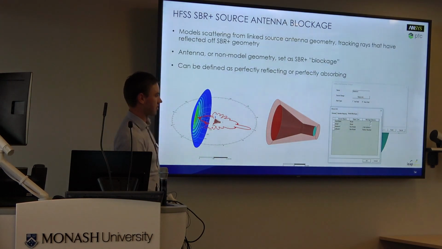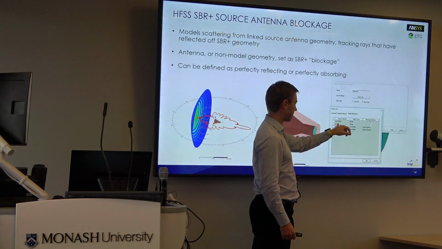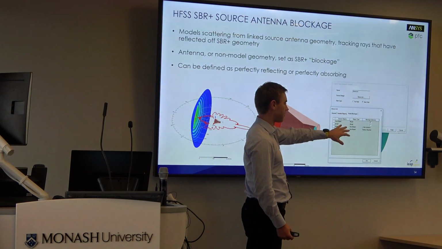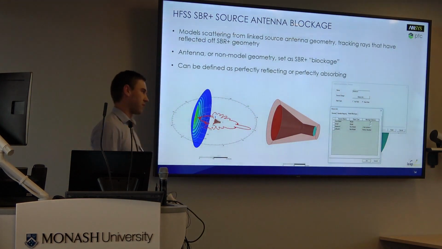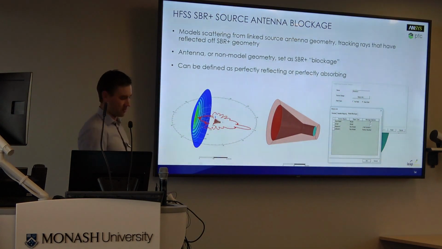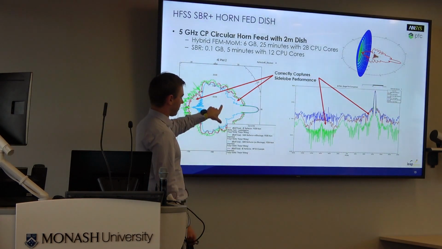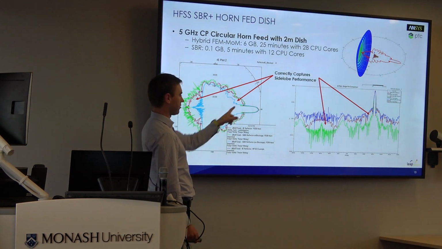Now you can open up this component, and you have the option to choose which parts of this component act and respond to the SBR Plus rays. You can block them as either a perfect absorber or a perfect reflector. If we look at the results on the radiation pattern, the blue line is the old SBR Plus without the blockage.